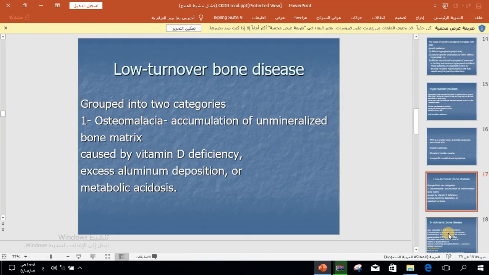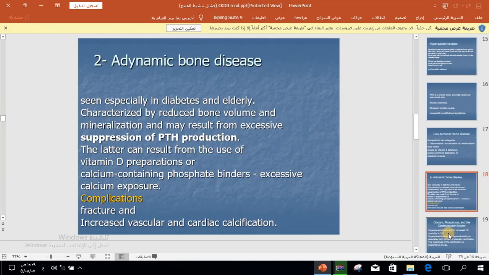Second, bone disease, which is low bone turnover disease, or stimulation on the top of the list, and this is easy to understand because it is mainly due to vitamin D deficiency and is augmented by excess aluminium, which has been used in the dialysis, and metabolic acidosis.